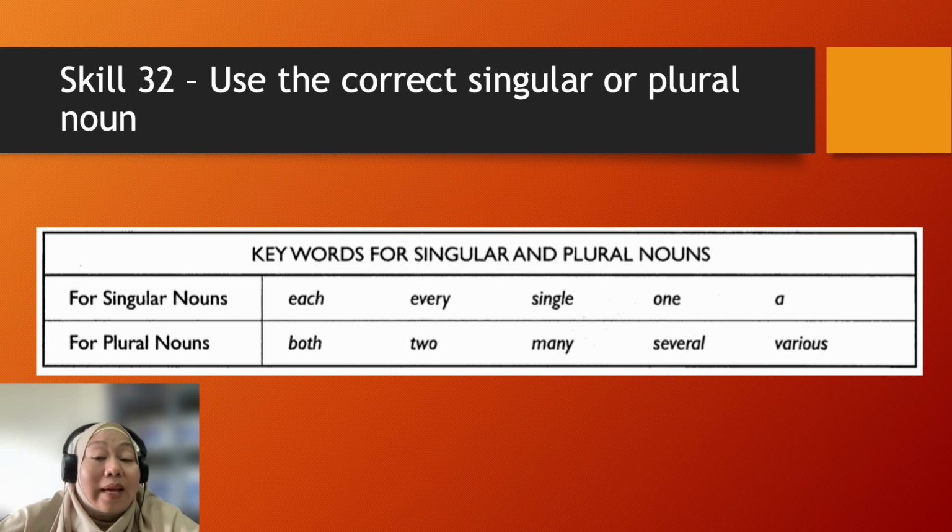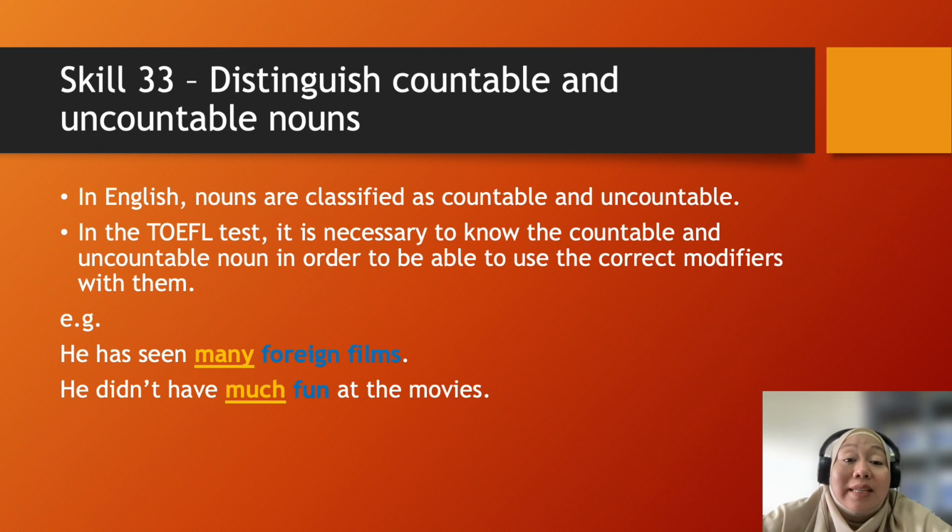Okay, let's take a look at another example. Let's take a look at the second skill for problems with nouns. All right, moving on to the second one for problems with nouns, which is distinguishing countable and uncountable nouns. In English, nouns are classified as countable and uncountable nouns.